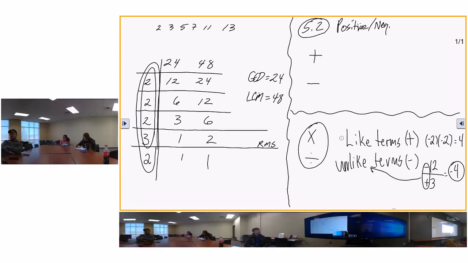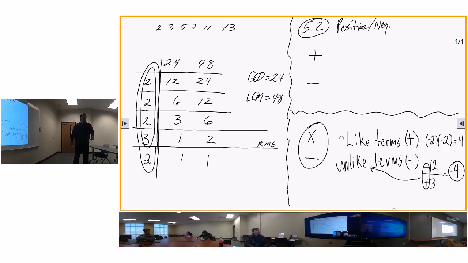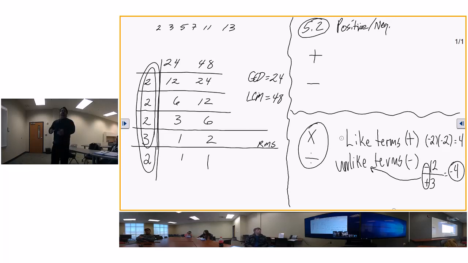Think of it like this. If you ever jumped off a car and you hooked up the red and the black and then you touch the other end, it causes sparks. Those are unlike. Red and black is unlike. Positive and negative. So if you have positive and negative, that's going to cause something. But if you take the positive and you touch the positive, what? Nothing happens. If you take the negative and the negative, nothing happens.